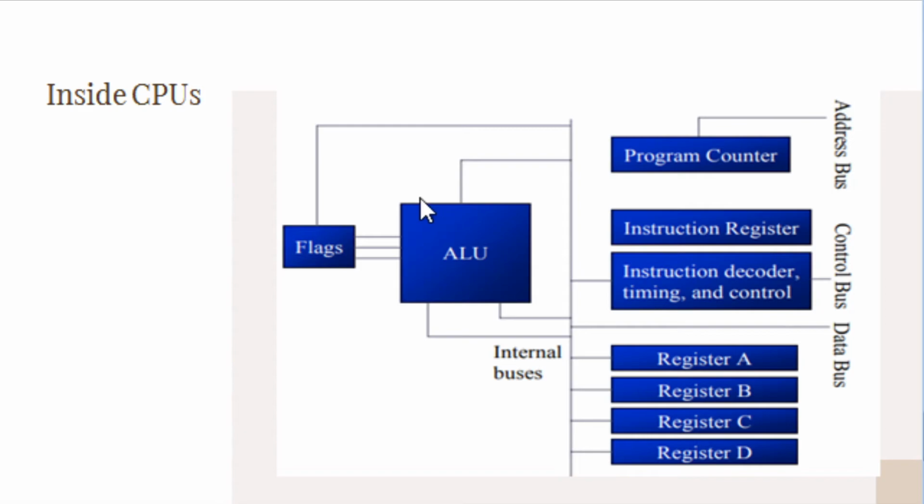And inside the CPU, we can see some registers like registers A, B, C, D, and another register called a flag register, another register called a program counter, another register called the instruction register, and another unit called the instruction decoder, timing and control.